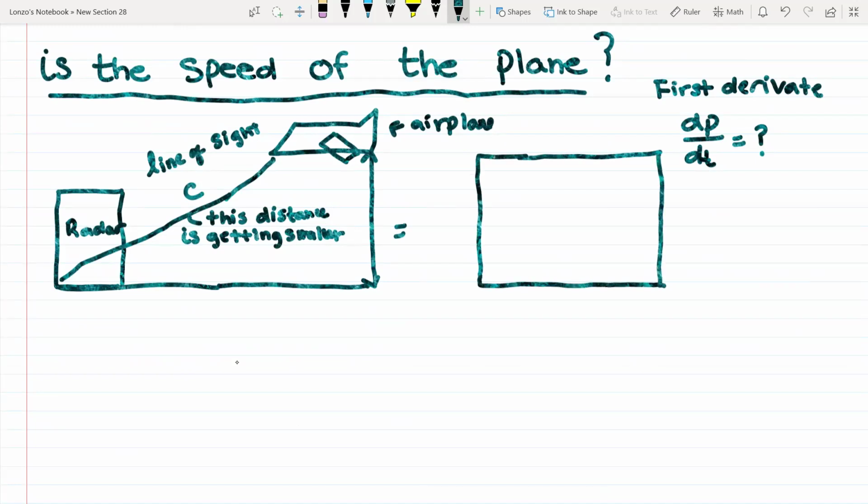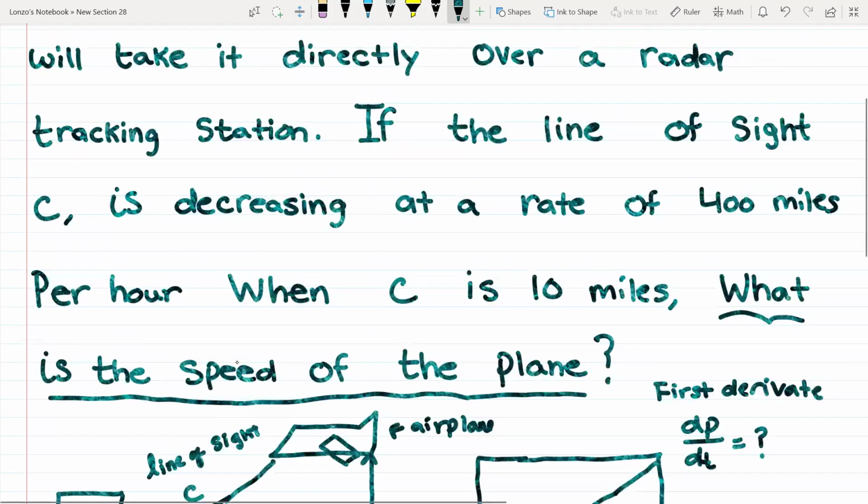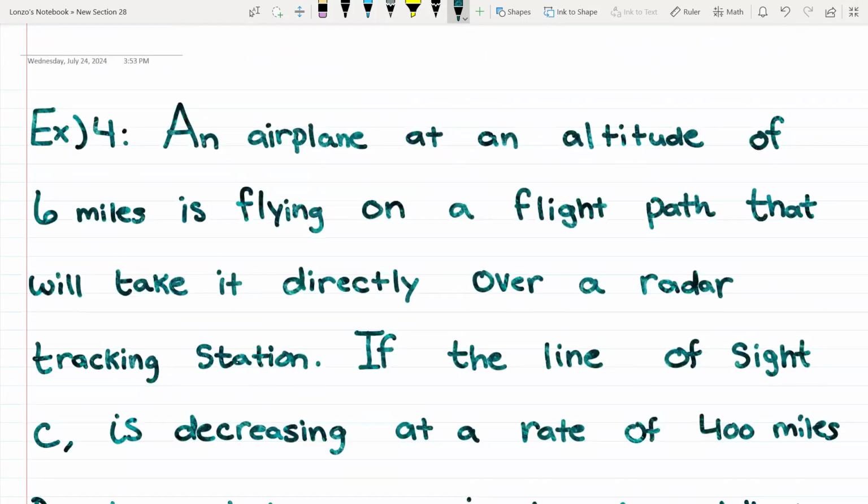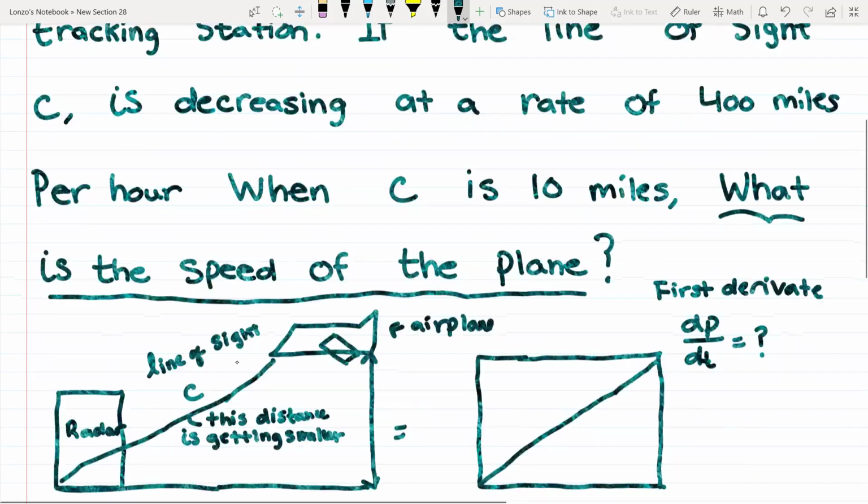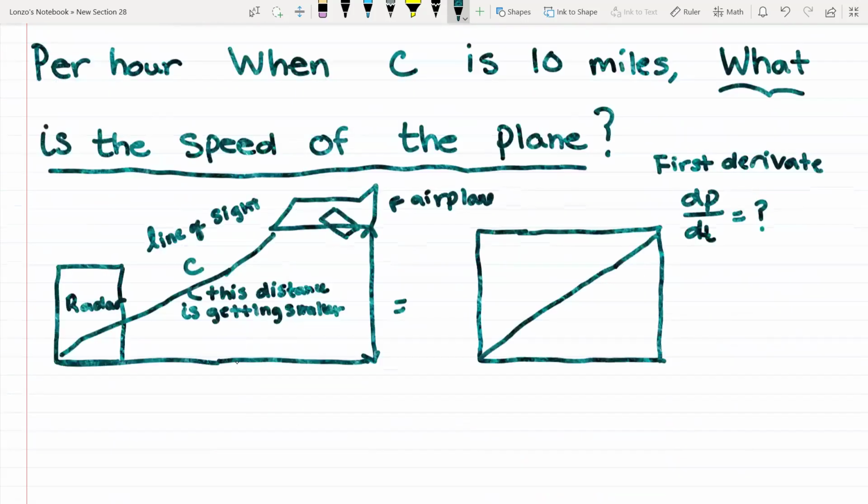This is the transversal, or the line of sight. And this distance here is 6 miles. So this forms two right triangles.